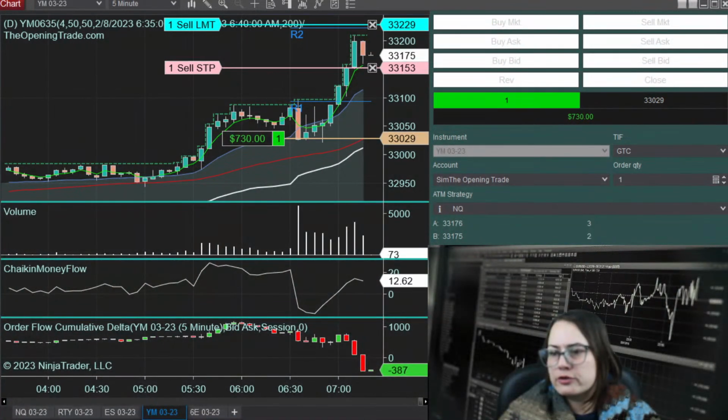All right, there we go. Green candle, please go up. No, come on, no. We are still in this trade.